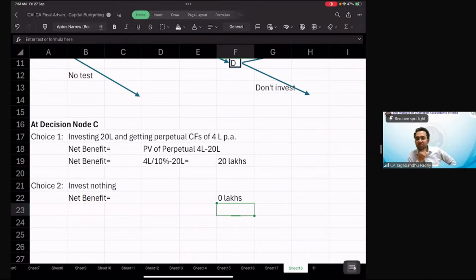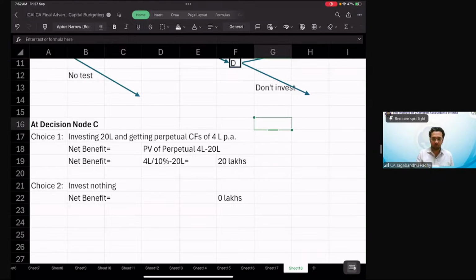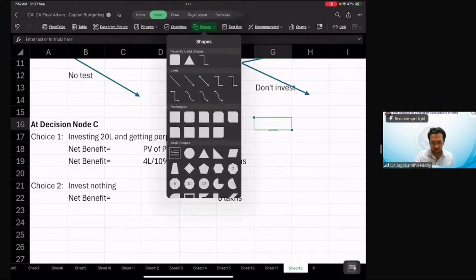What's the choice you're going to have? Are you going to invest 20 lakhs or do nothing, sir? Of course, we are going to invest, because on an investment of 20 lakh we are getting a net benefit of 20 lakhs. So out of these two, we can definitely say we are making the choice of investment.